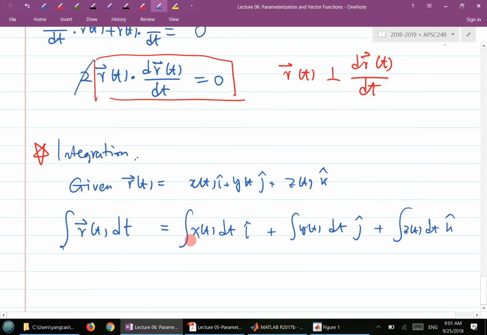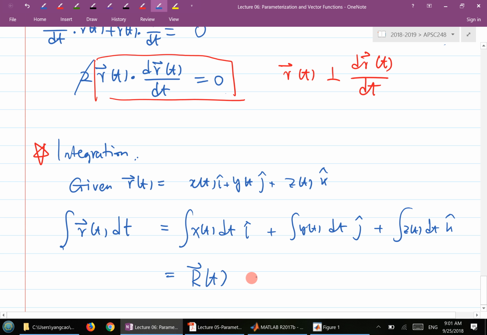If you look at the results here, you get a scalar function here, a scalar function here, a scalar function here, but when you put things back together, you get essentially again a vector function. So you're going to get a different vector function. However, remember, you don't stop here, because this is an indefinite integral.